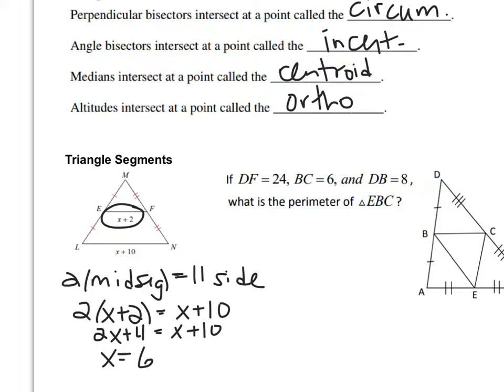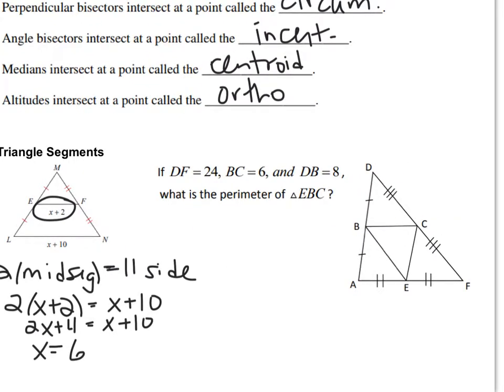The other way we can ask this problem is to do a perimeter question. So remember, perimeter means to add up all the side lengths. So first I need to find the side lengths. Let's look at what they give me. They tell me that DF is 24, BC is 6, and DB is 8. And it wants to know the perimeter of EBC.